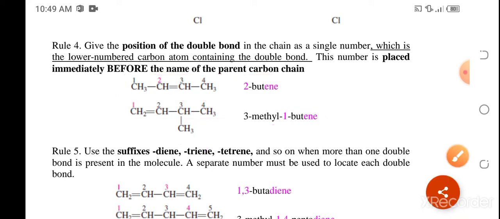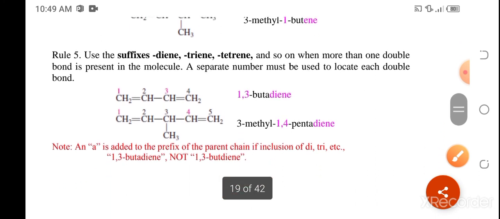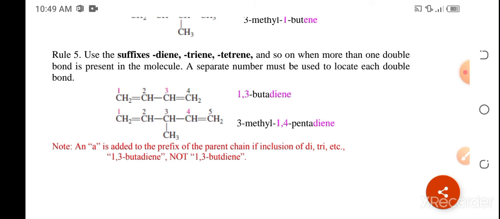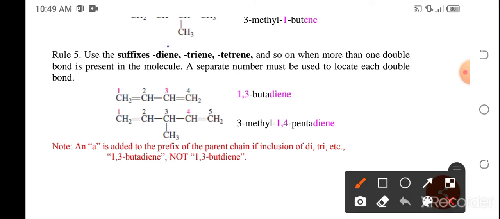Now, what about if there are 2 or more double bonds? We are affixing prefixes: diene to denote that there are 2 double bonds, triene to denote that there are 3, and tetraene to denote the existence of 4 double bonds. Take note that for naming this one, we are not going to drop the a.